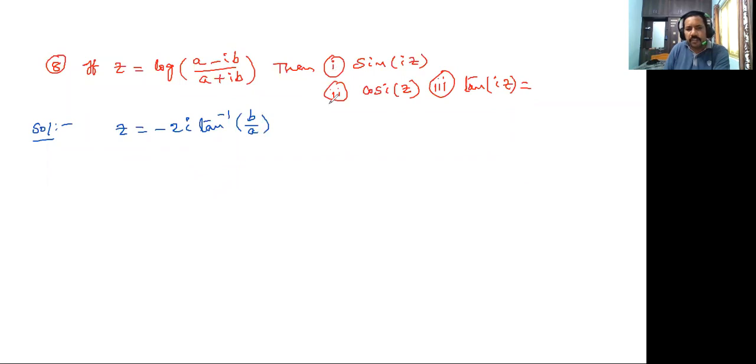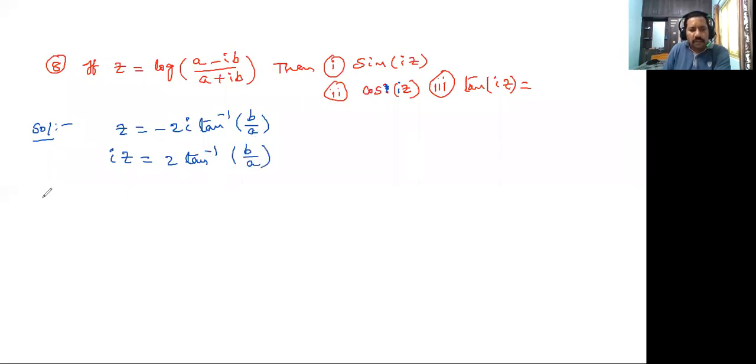But observe the first, second, third bit: iz terms are there. Find the iz value. Multiply i on both sides. On the right hand side, i into i square, minus into minus is plus. We get iz equal to 2 tan inverse of b by a.